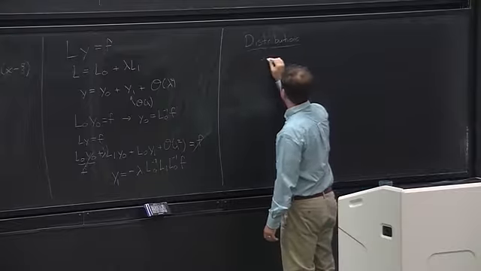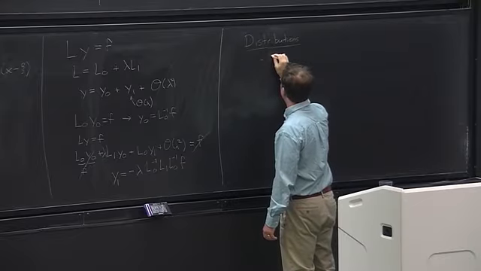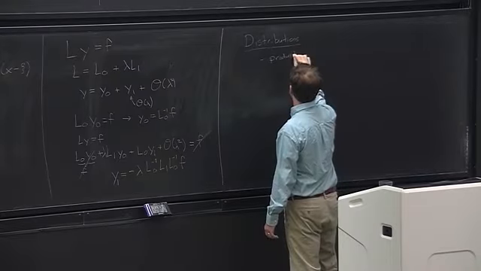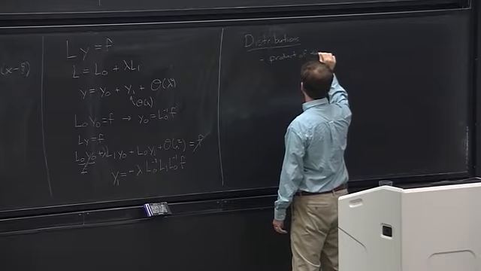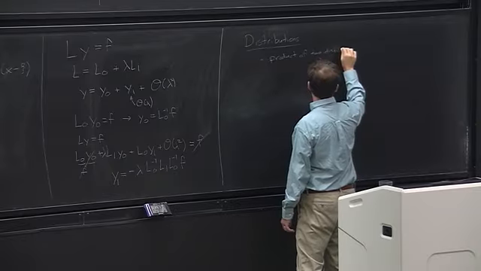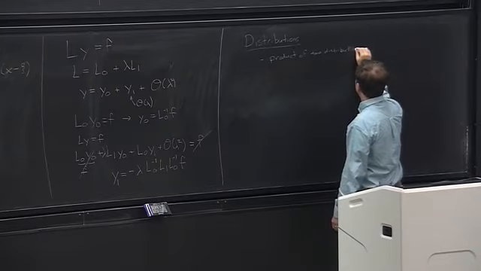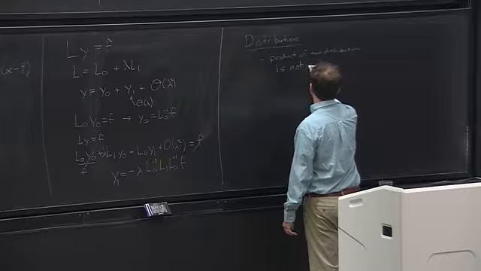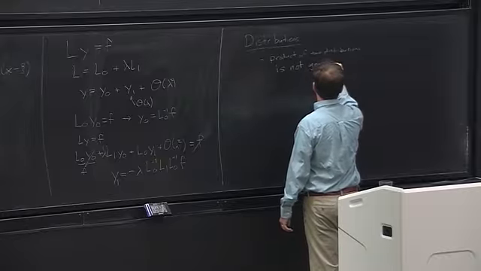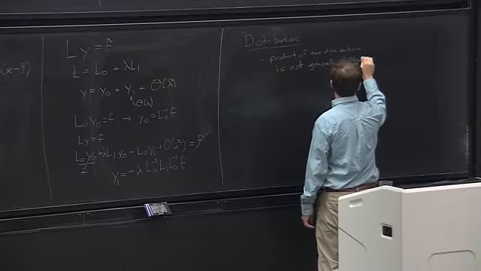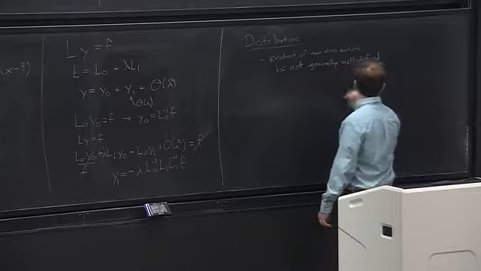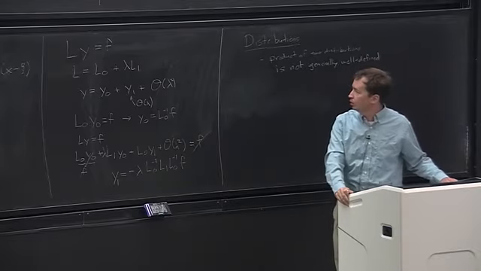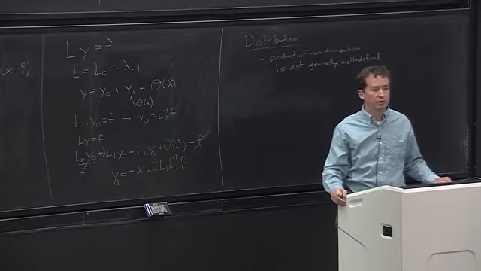So the theory of distributions is linear, which means that the product of two distributions is not generally well defined. So it doesn't make sense to, for example, square the Dirac delta.